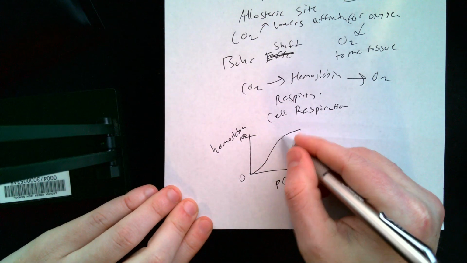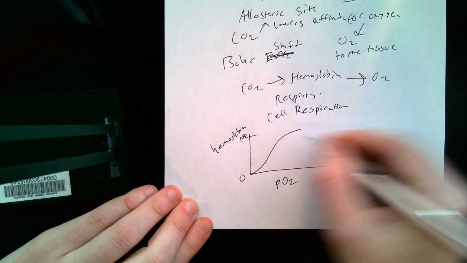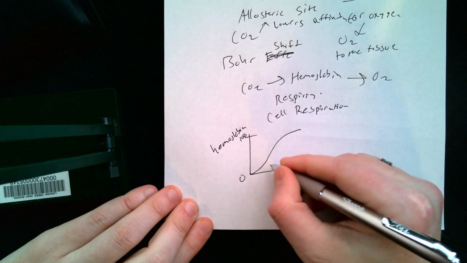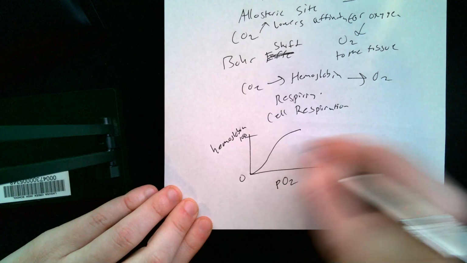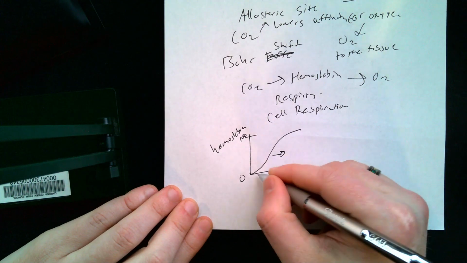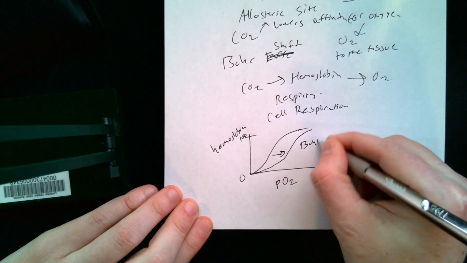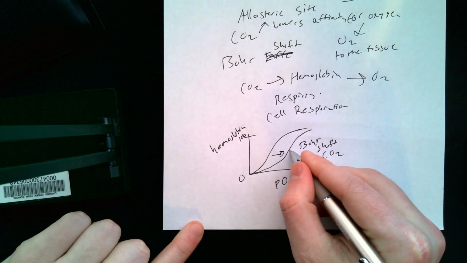And you can see that it spikes up relatively fast. Honestly, this probably isn't quite spiky enough. And so what happens is it goes up pretty fast and then it levels off because of the cooperative binding effect. Now, you can shift it so where you need more oxygen to get the same effect. This would be the Bohr shift. You've shifted it this way. So when CO2 binds, the affinity goes down.